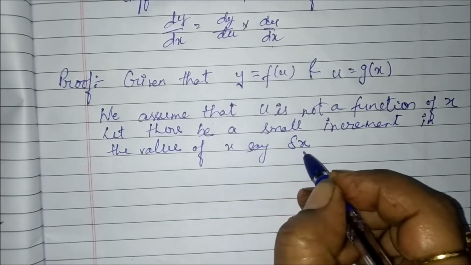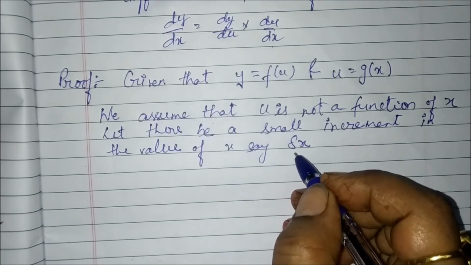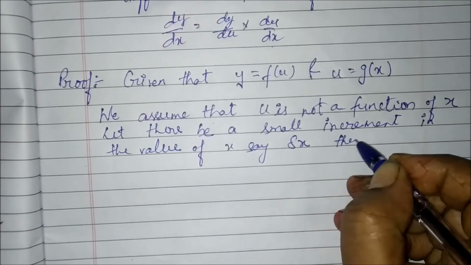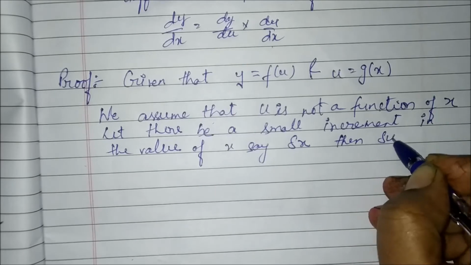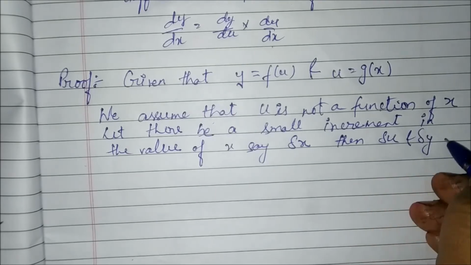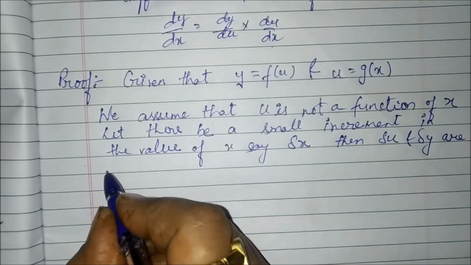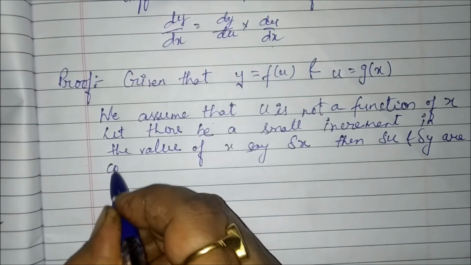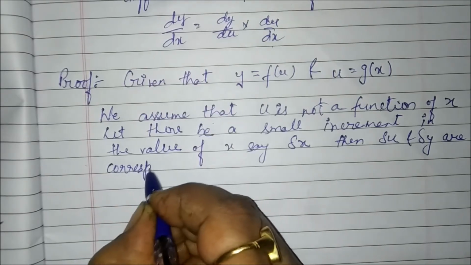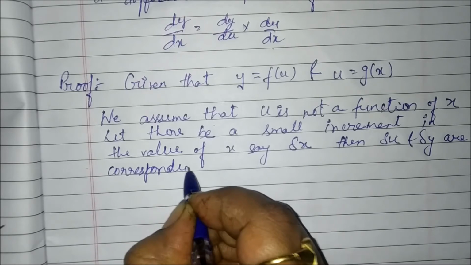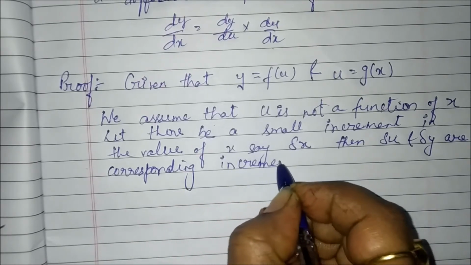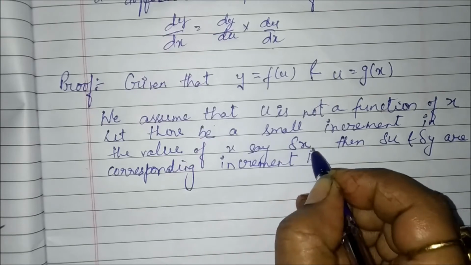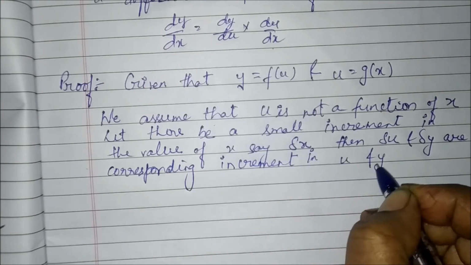This delta x is the small increment. According to this increment, delta u and delta y are the corresponding increments in u and y respectively.